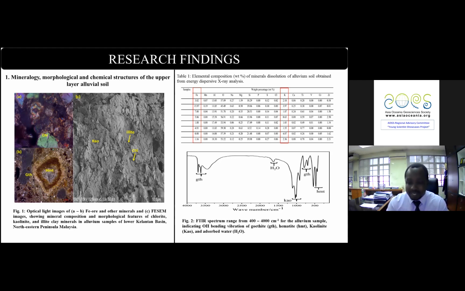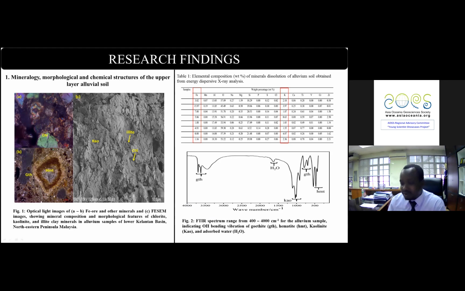Figure 2 is FTIR spectrum of one of the samples, and all other samples have the same patterns. Goethite bands arise because of other polymorphs of iron oxyhydroxide from the iron oxide and hydroxide vibration. As you can see here in this sample, the two less intense bands within the frequency range of 3,600 to 3,700 are attributed to the bending vibrations of surface hydroxyl group of goethite.